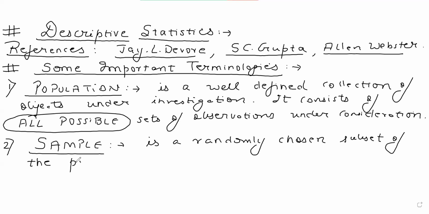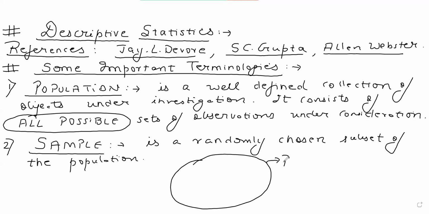That means a sample lies within the population, and the number of items in the sample is less than or equal to the number of items in the population. This is just a pictorial representation: if this is my population, a sample is a subset of it. Subset means it lies within the population.